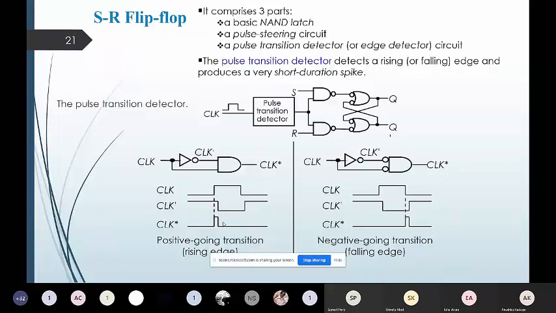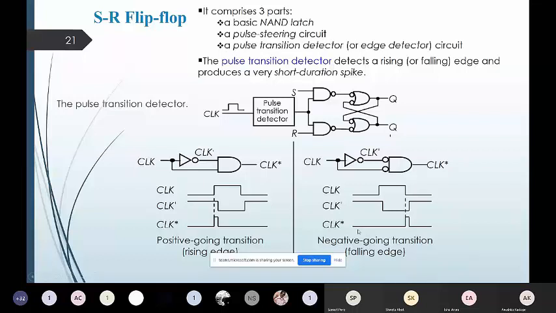And that is the drawback when we are implementing these gates as a flip-flop: glitch generation is present in the circuit due to the transition delay of the outputs from one gate circuitry to another gate circuit. In the same way, you can observe it for the negative going transition.